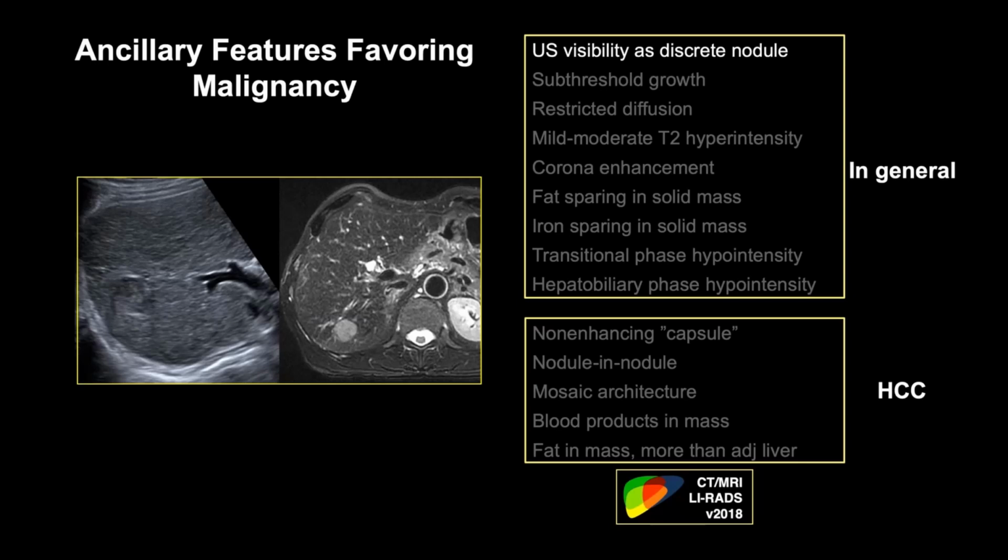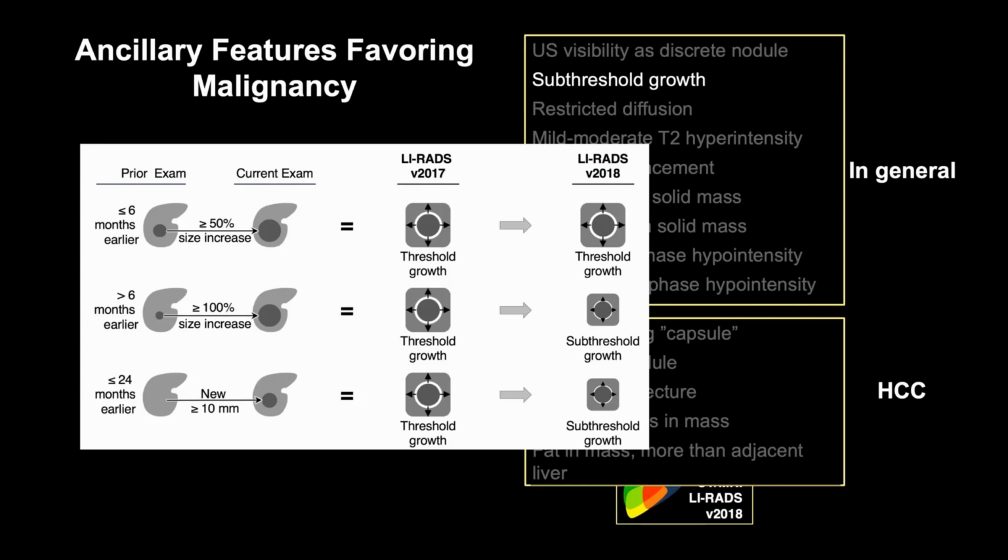So subthreshold growth refers to unequivocal growth of a mass, but less than that required for the major feature threshold growth. Remember, as described by previous lectures, LI-RADS version 2018, threshold growth is defined as a 50% or greater size increase in 6 months or less.